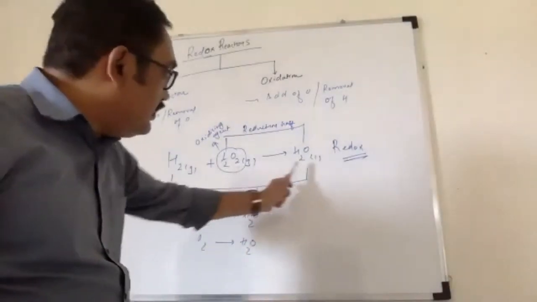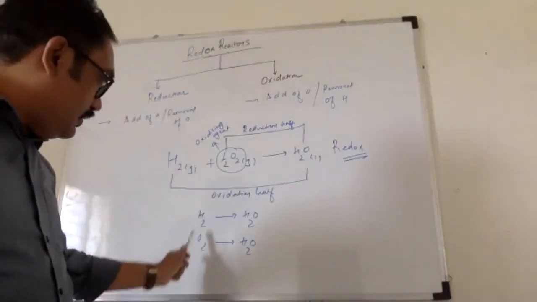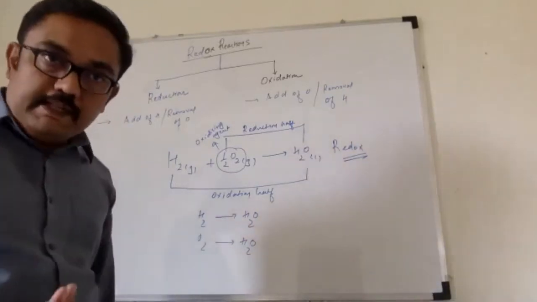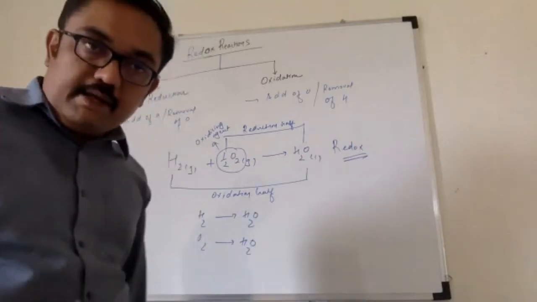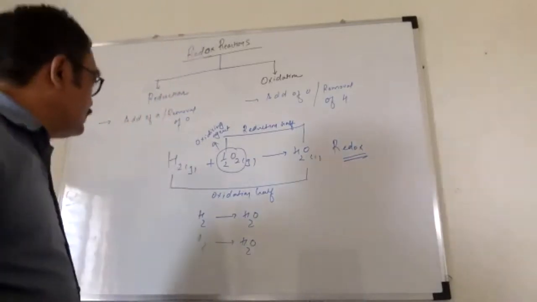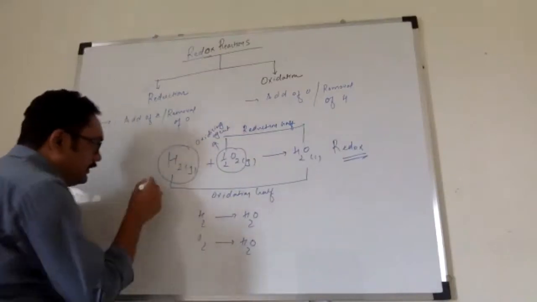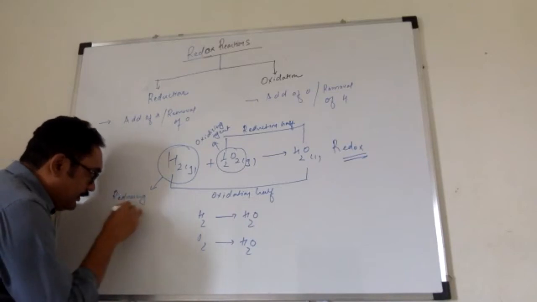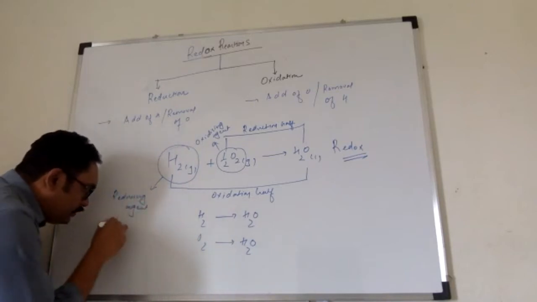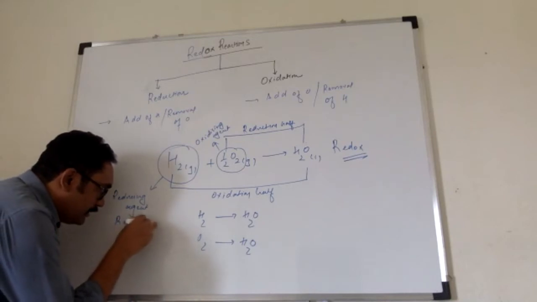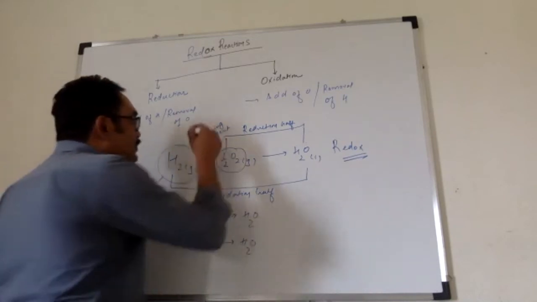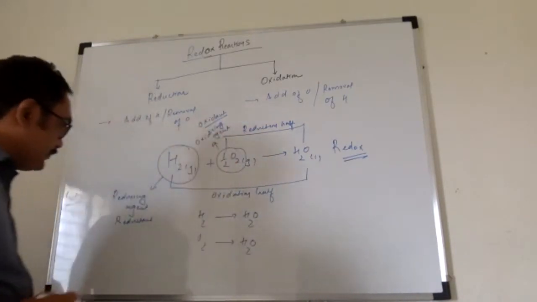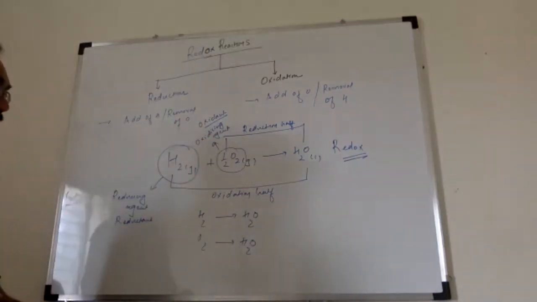O2 has undergone reduction. O2 is reduced here. But the reduction of O2 is because of hydrogen. It's hydrogen that is reducing oxygen. So hydrogen can be called a reducing agent, or you can also use the term reductant, and here you can use the term oxidant or oxidizing agent, reductant or reducing agent.